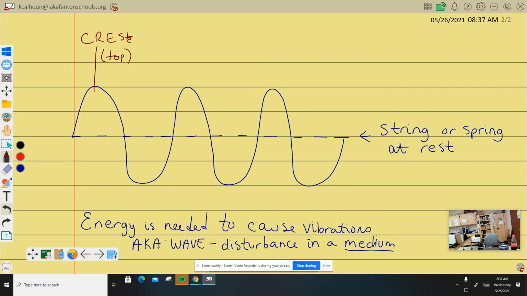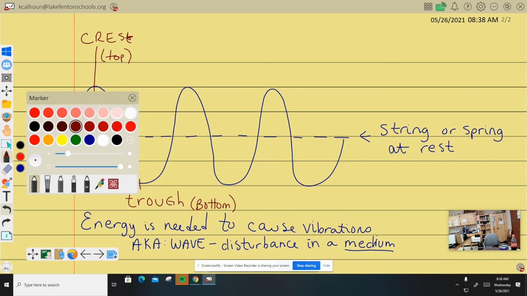The bottom part of a wave, down here, is a trough. So top part, crest, bottom part is trough. So far, so good?